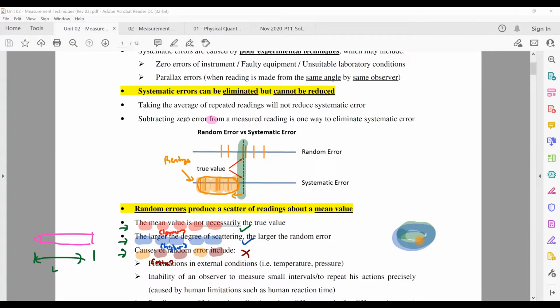Now, if your group of readings is skewed even more, further away from your true value, it could be somewhere around here. So you have an even larger skew, and your systematic error would be deemed to have increased. The further away from the true value, the larger your systematic error.